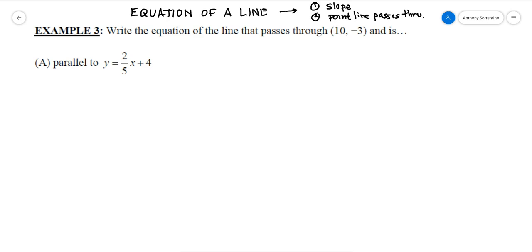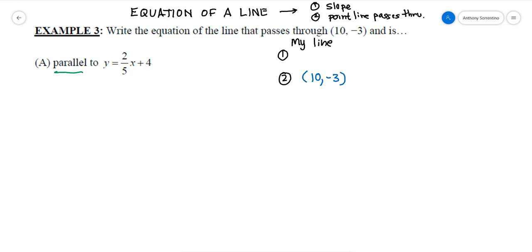So the two pieces of information I'm going to need for my line in this one, I need the slope and I need a point that it passes through. Well, the point it passes through is pretty straightforward because they come out and tell us. It passes through (10, -3). Now, if I go back to the line here, this line here is helping me because I'm comparing my line to this one.